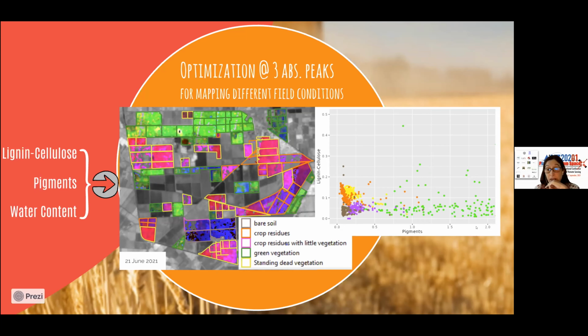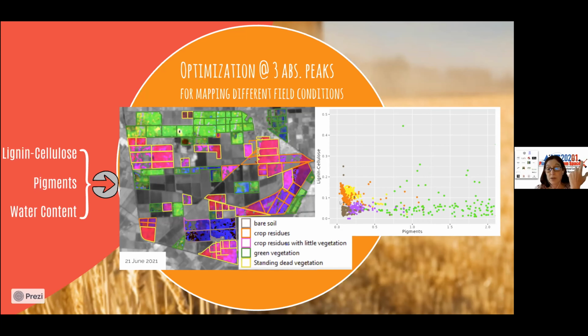And if you look at this scatter plot between the lignin cellulose absorption peak and the pigments one, you can see that, for instance, there is a difference between crop residues and crop residues with vegetation, because there are some pigments in this, and there is also a difference related to pigments between crop residues and standing dead vegetation, because standing dead vegetation still has some pigments inside.